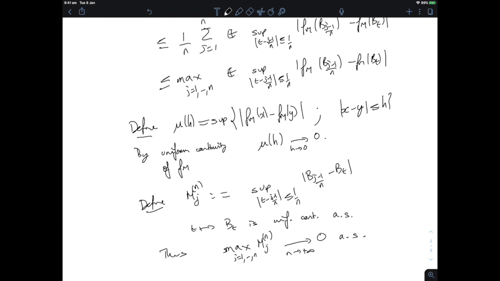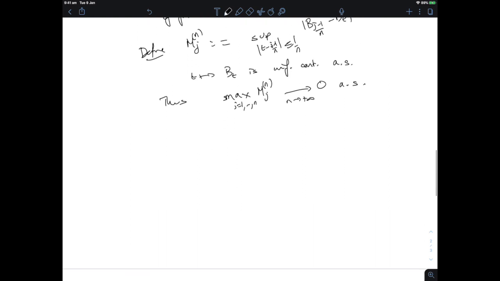Right, so really the thing that I'm trying to estimate, which is the L2 norm of the difference between what I hope is an approximating sequence and what I want to approximate, which is f_M of B_s of omega, the L2 norm of that squared is smaller than the expectation of the maximum, j running between 1 and n, of my mu of m_j^n.